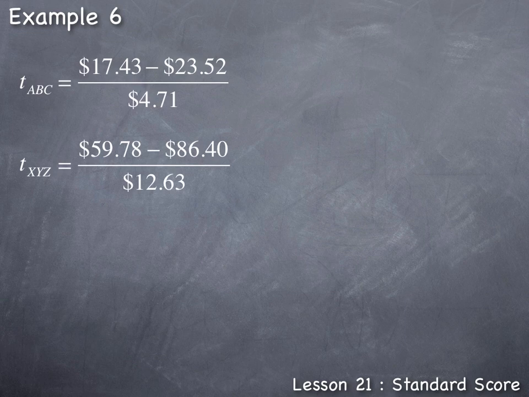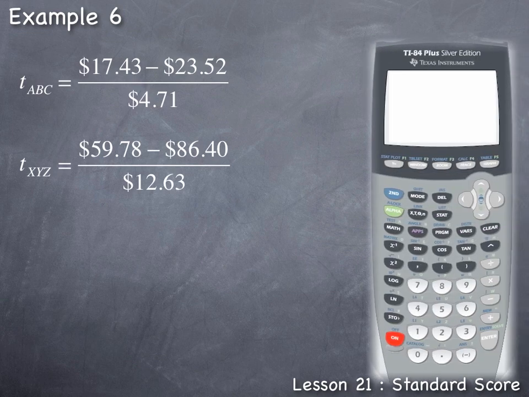Now we could use the TI-84 calculator to get these results. To calculate the standard score for company ABC's current stock price, press left parenthesis, $17.43, subtract $23.52, right parenthesis, divide by $4.71, enter.